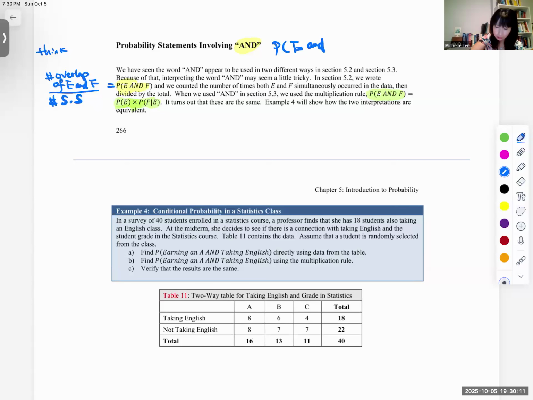E and F. So independent, right? Independent event. Then we get probability of event E times probability of event F, right? Okay, this one, not disjoint, right? Not disjoint, no, not independent. Dependent event, right? Dependent event.